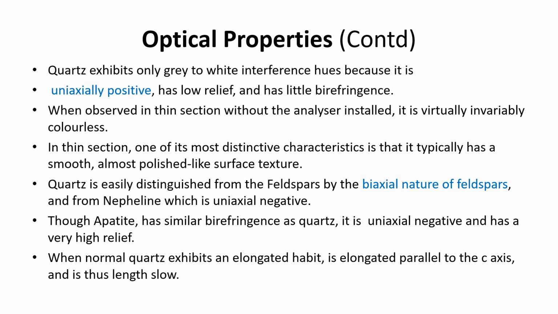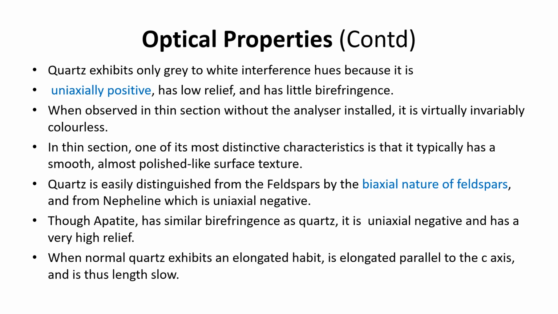We can identify quartz from the feldspars because quartz is uniaxial positive, whereas feldspars are biaxial. To distinguish quartz from nepheline, which is a feldspathoid: nepheline is uniaxial negative, whereas quartz is uniaxial positive.